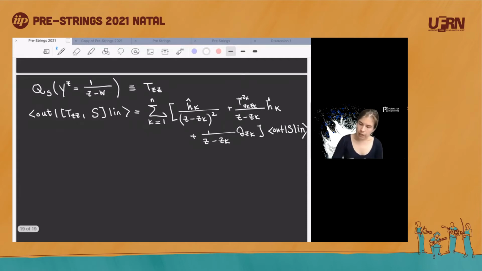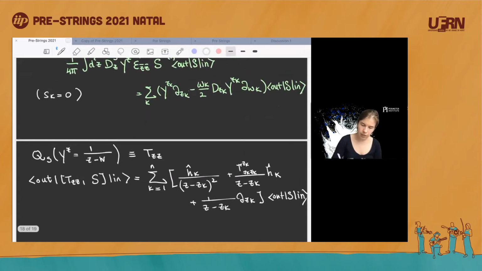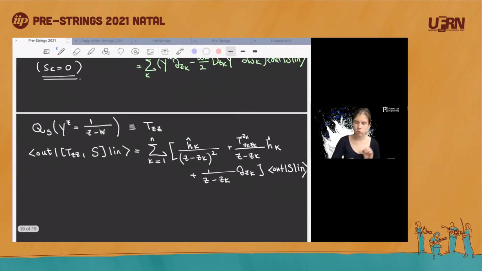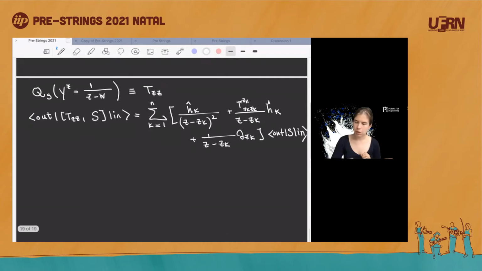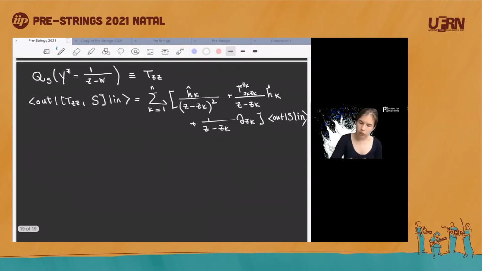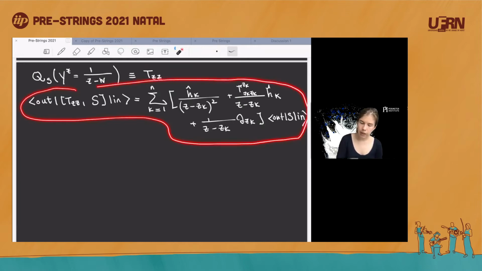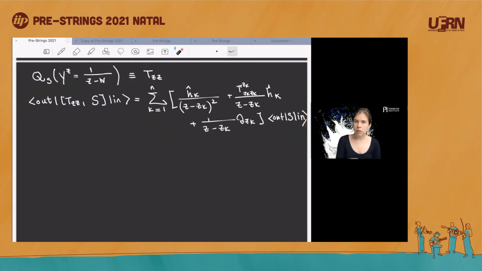Okay, and here, as I pointed out, for simplicity I'm assuming that all external states, except for the soft graviton of course, are just scalars, but the analysis can be generalized to arbitrary spin particles. Now, if you look at this expression, you might immediately recognize that this is nothing but the Ward identity of a stress tensor in a two-dimensional conformal field theory.